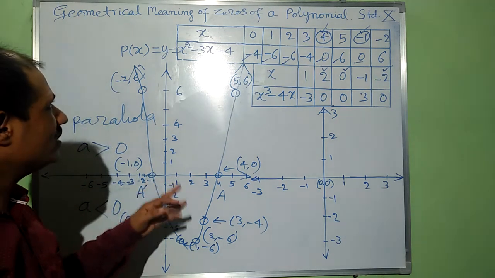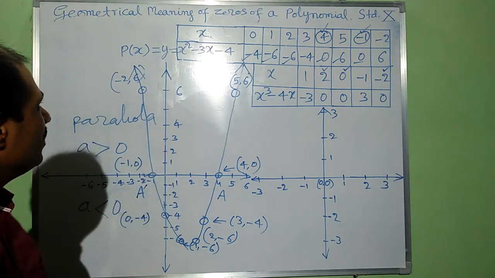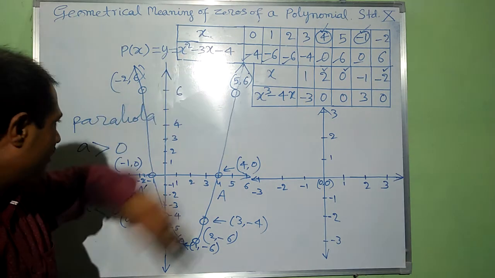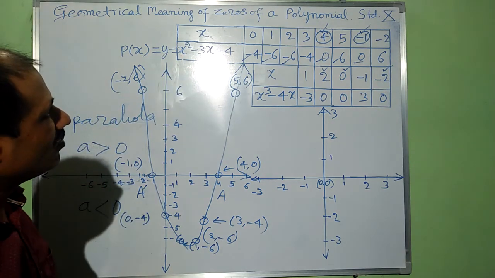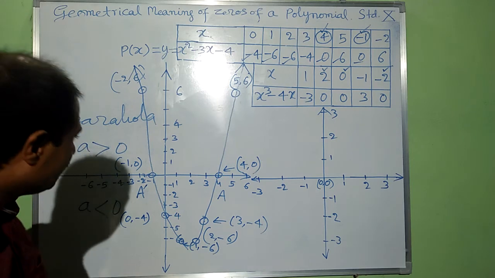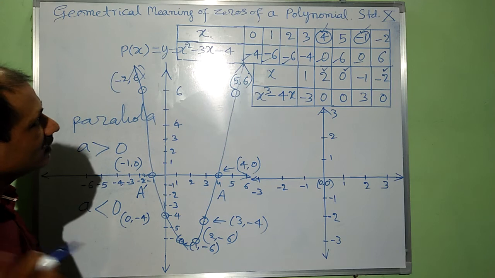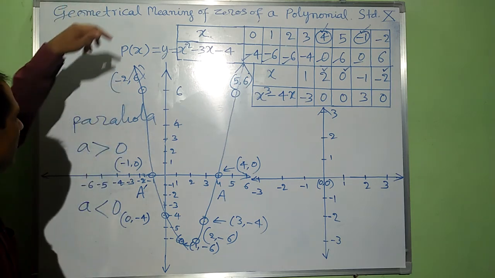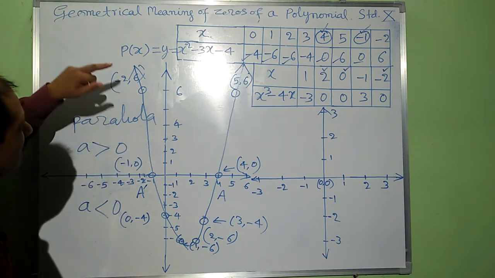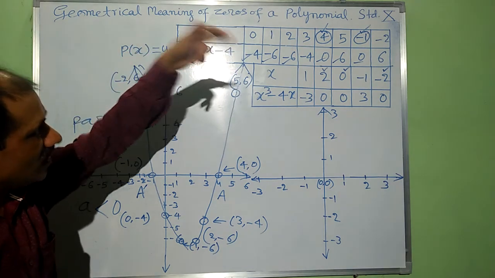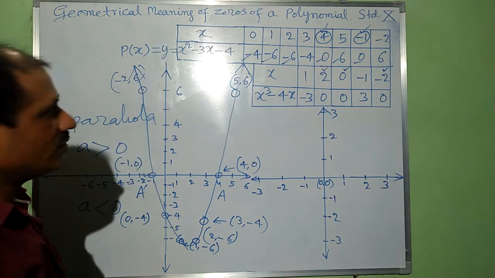So there are two zeros of this quadratic polynomial, x square minus 3x minus 4, and those zeros are minus 1 and 4. Total number of zeros is its degree. Degree is 2, and number of zeros is also 2.